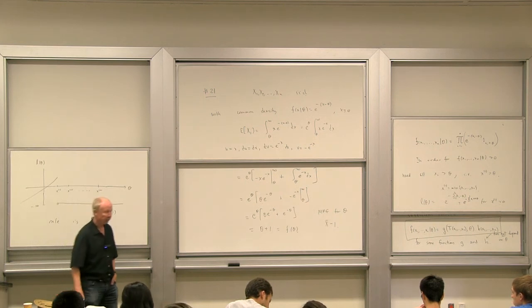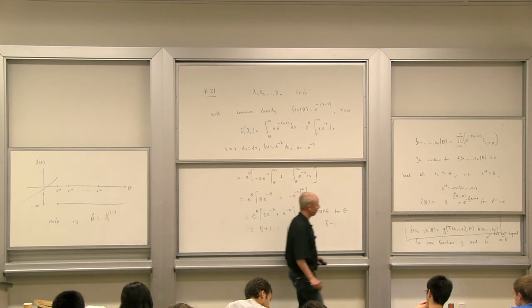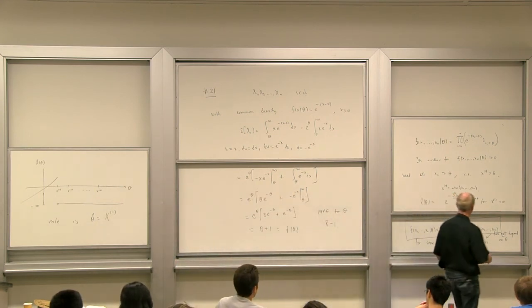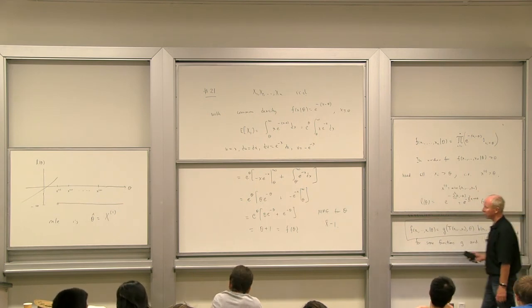Okay, now we should find a sufficient statistic for theta. Okay, smallest? Okay, good. Now what about a sufficient statistic for theta?